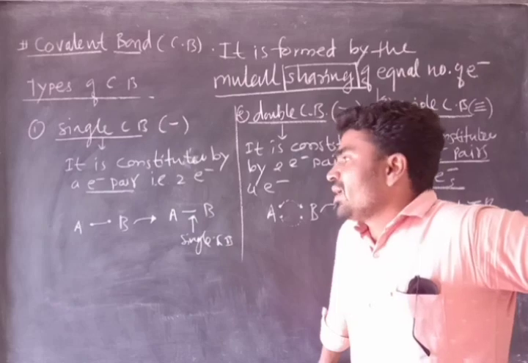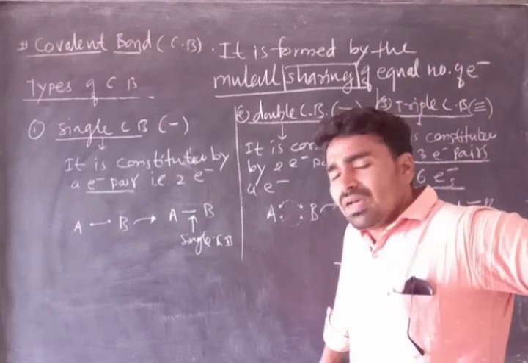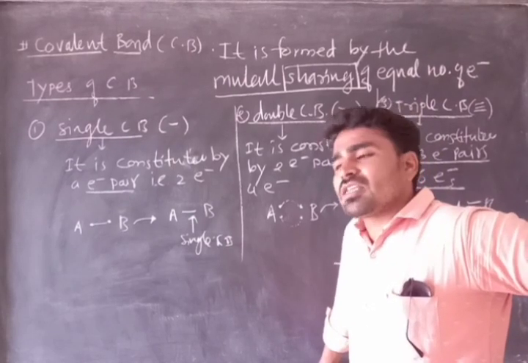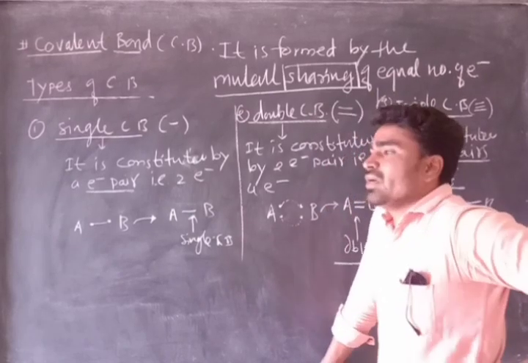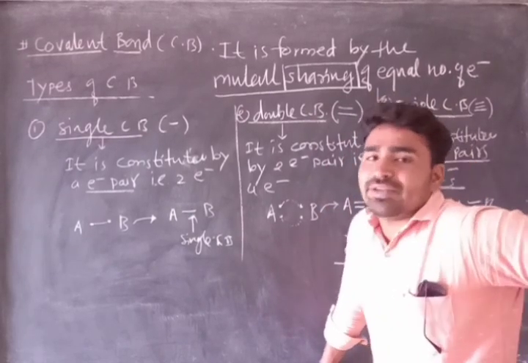But here we have seen that in an ionic bond, electrons are transferred, and in a covalent bond the electrons are shared.